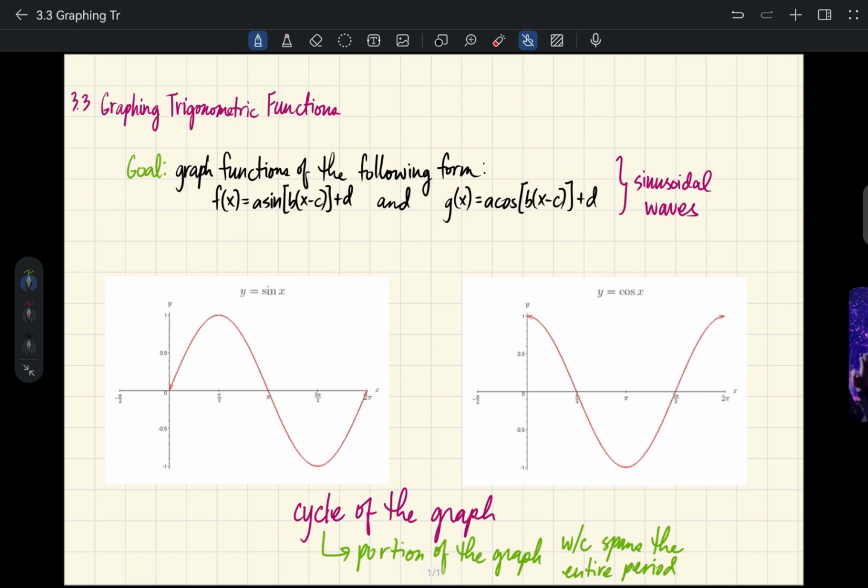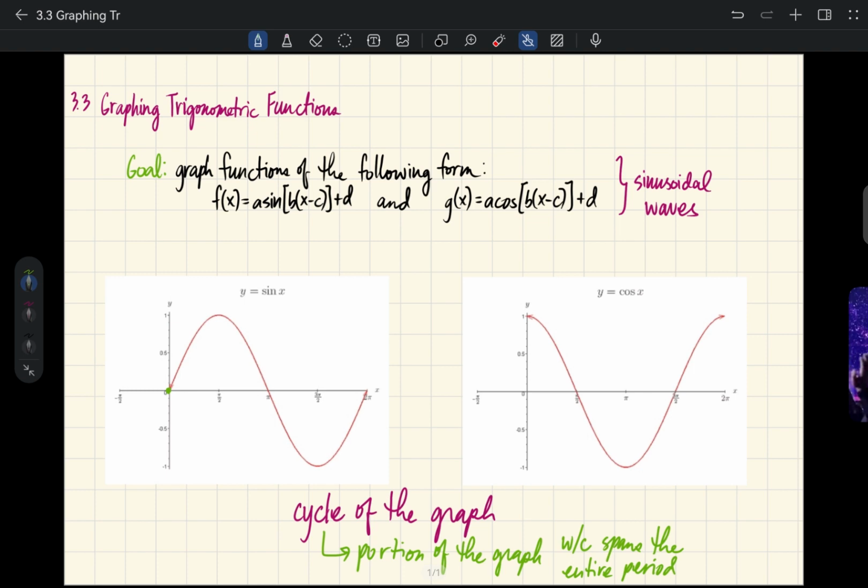There are 5 important points here. The first one is your initial point, 0, 0.